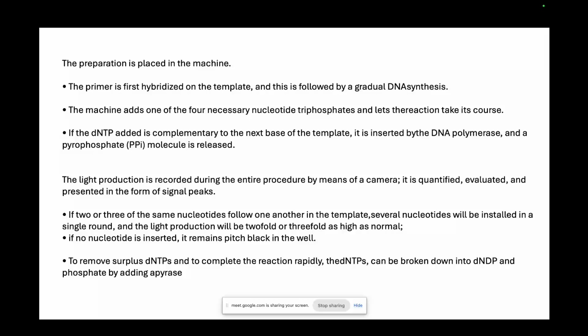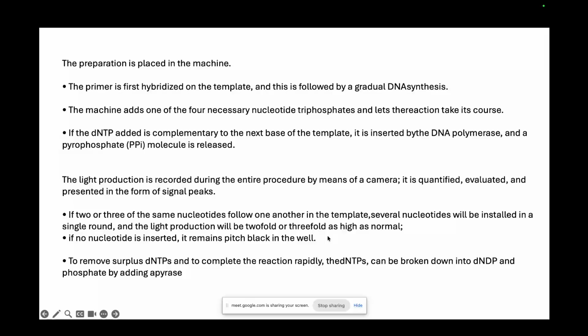That light production will be recorded during the entire procedure by means of a specialized camera, and it will be quantified, evaluated, and presented in the form of signal peaks, which is the work of the base caller. If two or three of the same nucleotides follow one another in the template, several nucleotides will be incorporated in a single step, and the light production will be twofold or threefold as high as normal.